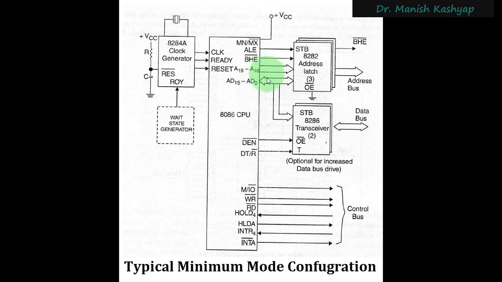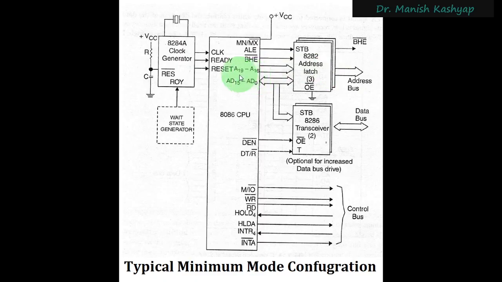Then you need to have the address buses here completely, and you also need the status of this BHE bar pin, because we discussed this BHE bar pin when we said that we will be having odd and even memory banks here. So finally, this BHE bar pin will be used with the address bus to be able to select a particular memory chip. So the output of this 8282 address latch is the BHE bar pin as well as the complete address bus, which is of 20 bits.